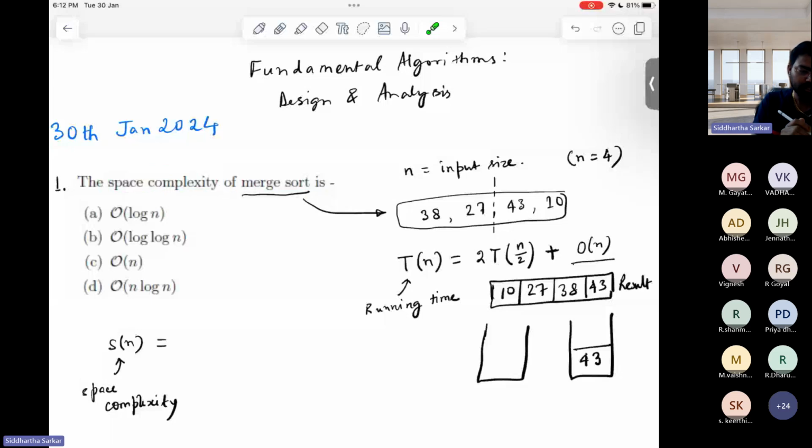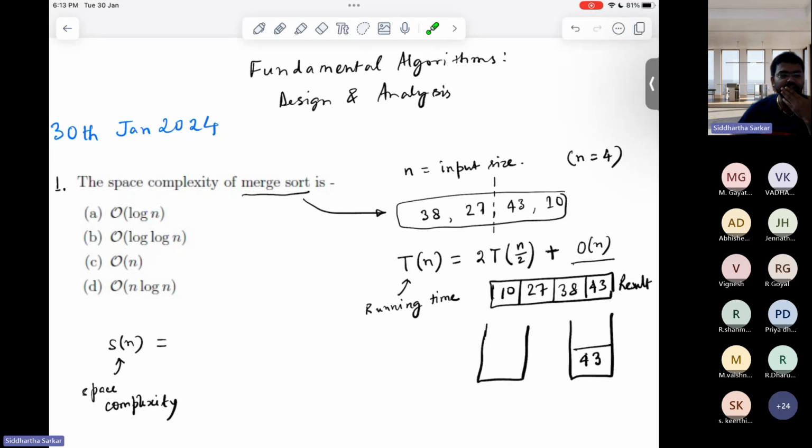Okay, so similarly, we have to argue how much space will be consumed by the algorithm. So you have to see how the algorithm works, and it also depends on the implementation of your algorithm. So one implementation can take more space than the other.